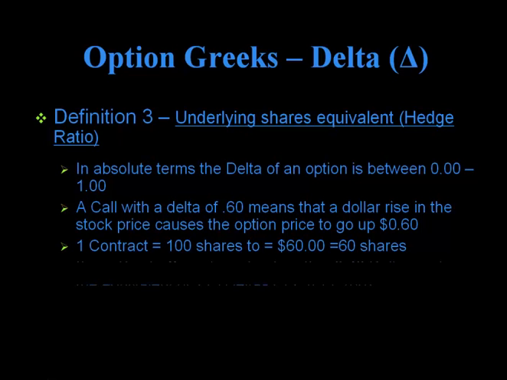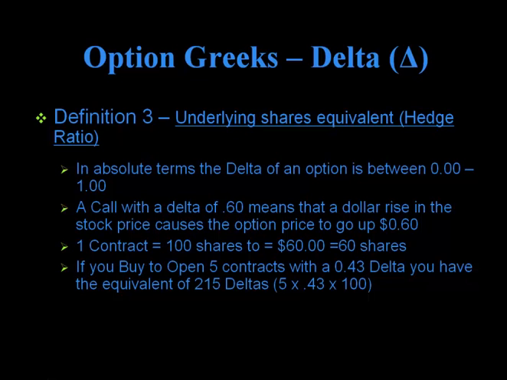Let's take a look at another hedge calculation. If you buy to open 5 contracts and your delta is 0.43, that's the same thing as having 215 deltas. 215 deltas is 5 times 0.43 times 100. And that's the same thing also as having the equivalent of 215 shares of stock.